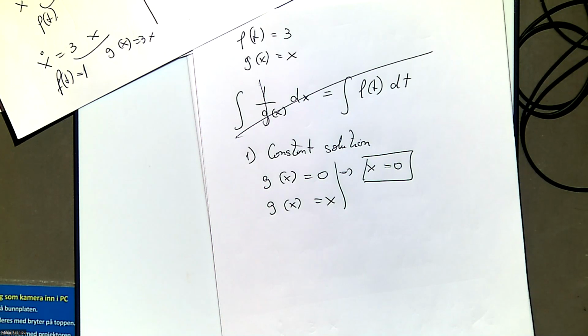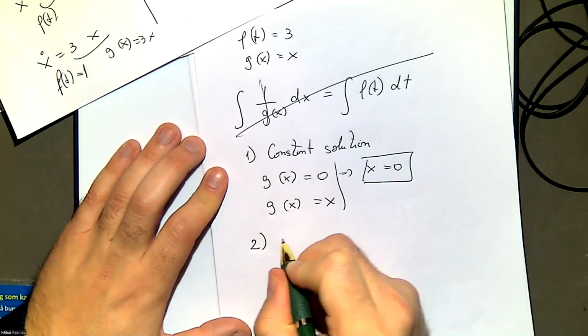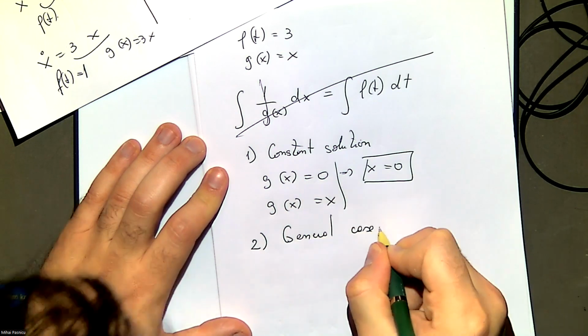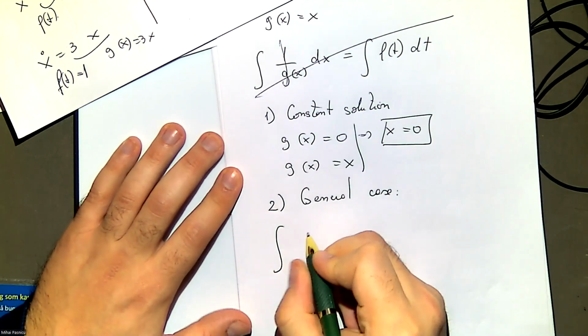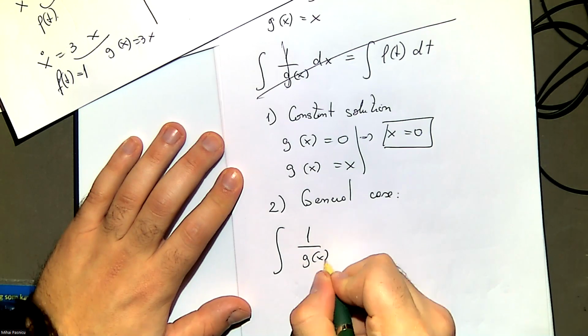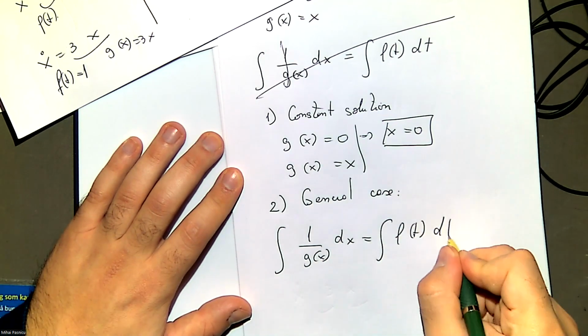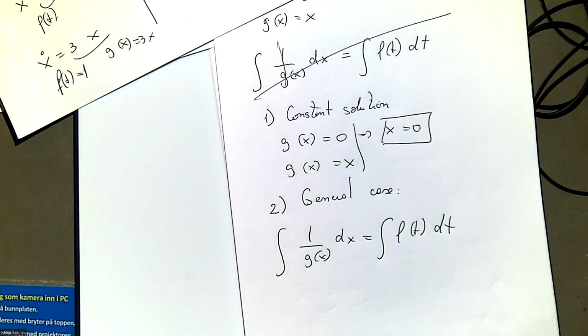Now I can, and only now I can, move to the general case. And I write the integral of 1 over g of x dx is equal to the integral of f of t dt. So the first time I wrote it, it wasn't wrong, just the timing of it was wrong. The formula itself was correct, the timing was wrong.